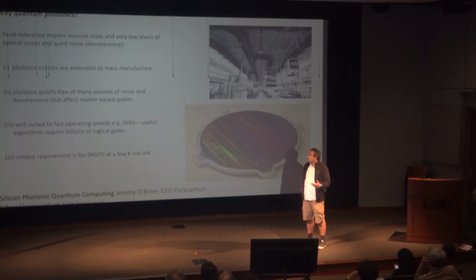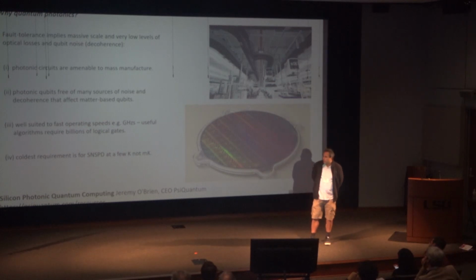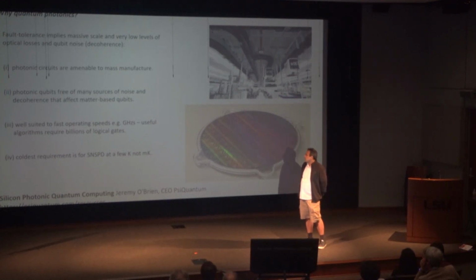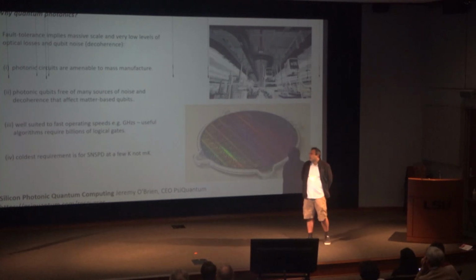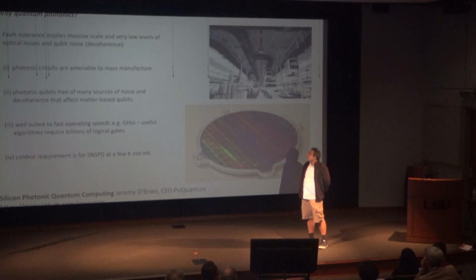So we avoid problems of millikelvin cooling and dilution refrigeration and so on. Our CEO, Jeremy O'Brien, has given some great talks and a great overview of our general approach, and I refer you to our webpage where many of these talks are linked.